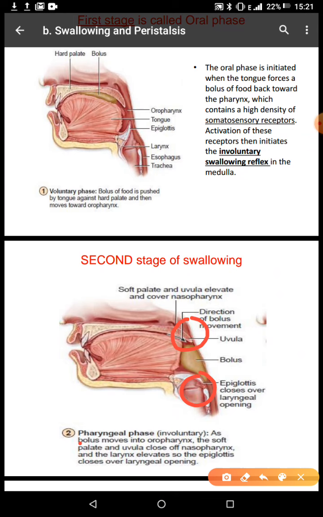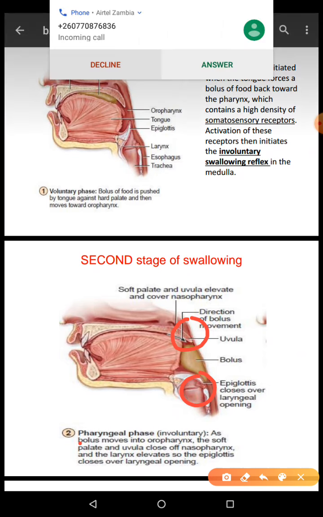This is very dangerous because it can cause obstruction of airflow, which can lead to poor ventilation perfusion mechanisms, which can eventually lead to hypoxia. So during the pharyngeal stage, there is closure of the epiglottis and closure of the uvula.